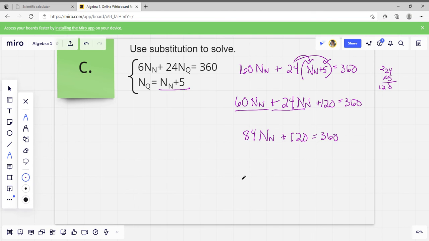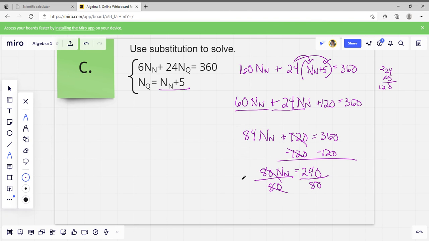Get rid of this 120. 80 times our number of nickels equals, 6 minus 2 would be 4, 3 minus 1 would be 2, 240. Now we're going to divide by 80.